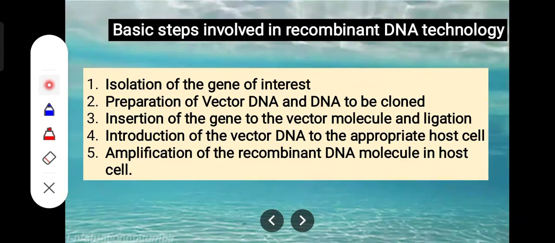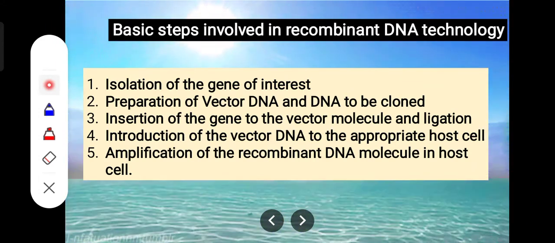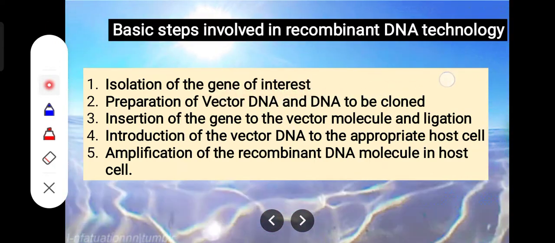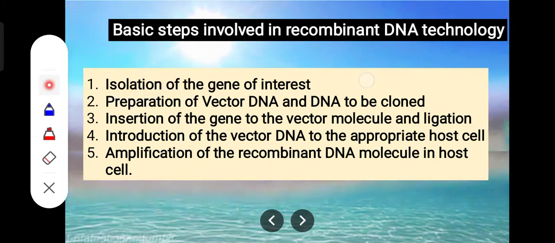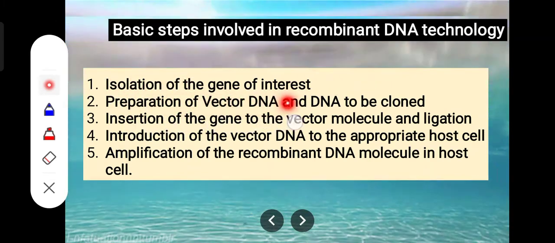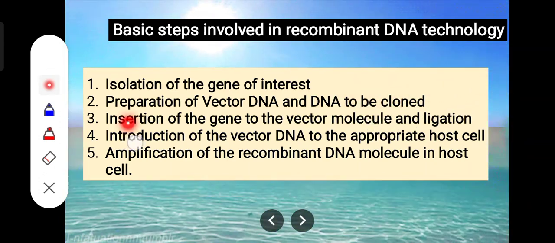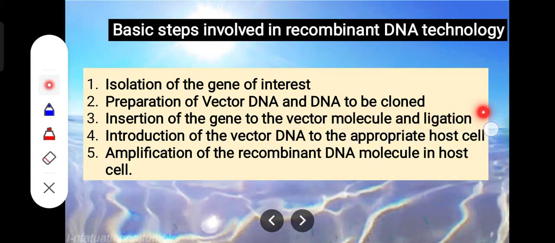We have here some basic steps that are involved in recombinant DNA technology. First is isolation of the gene of interest. Then preparation of vector DNA and the DNA to be cloned. Insertion of the gene to the vector molecule and ligation.